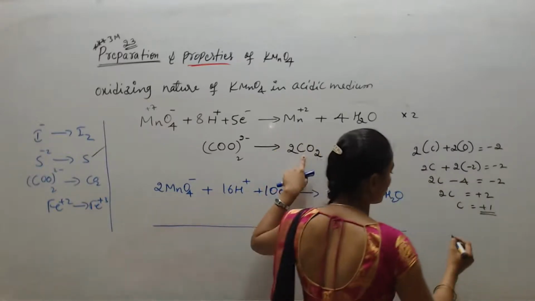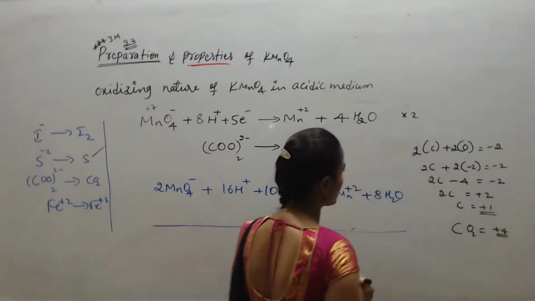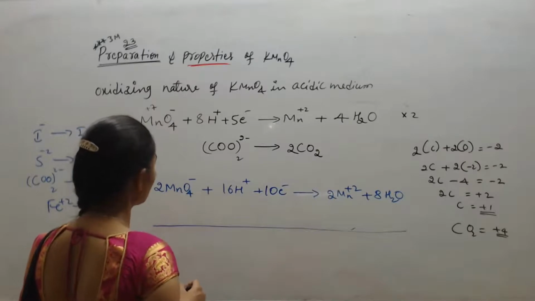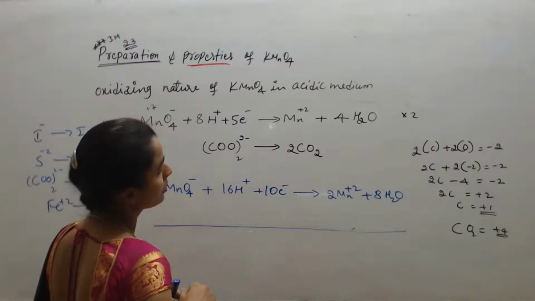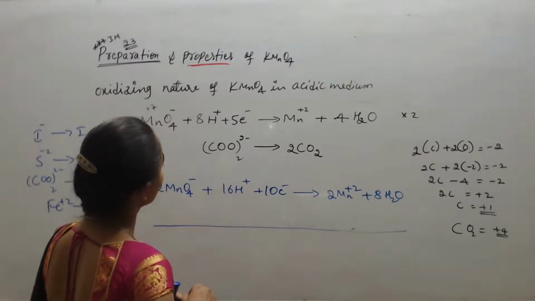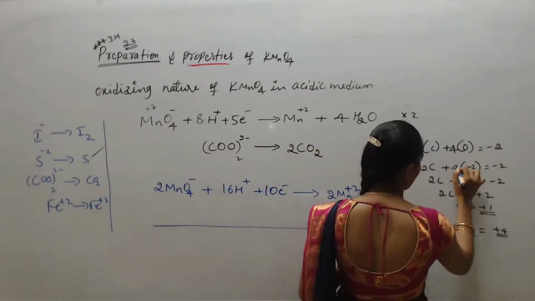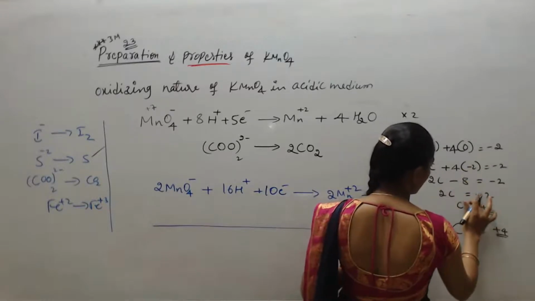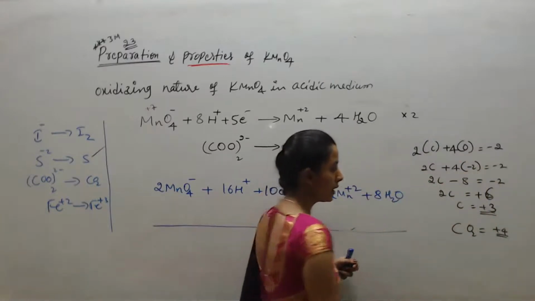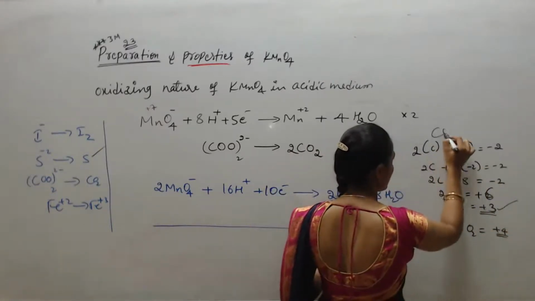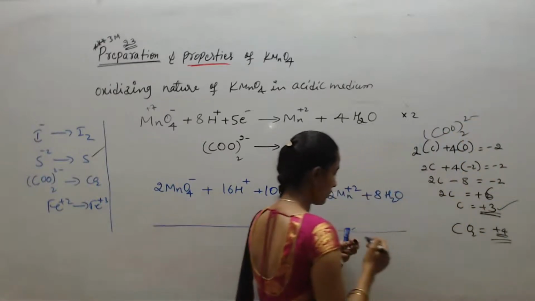In the oxalate ion it is in the plus 3 state. In CO2 it is in the plus 4 state.